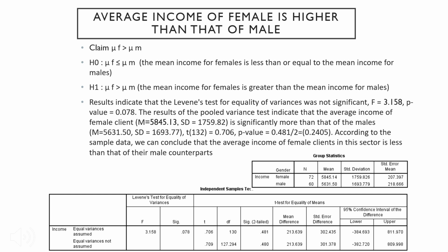The results of the pooled variance test indicate that the average income of female clients is significantly more than that of the males, p-value 0.2405. According to the sample data, we can conclude that the average income of female clients in this sector is less than that of their male counterparts.